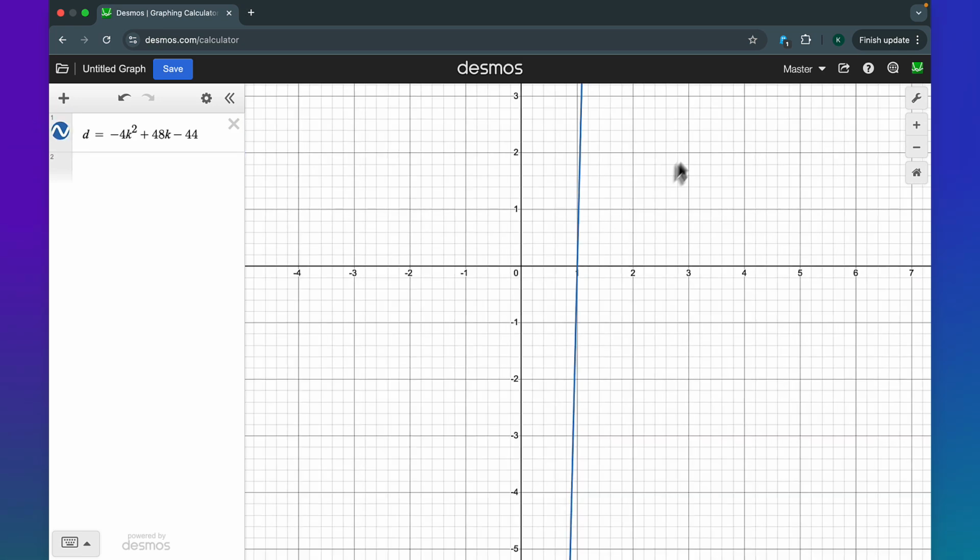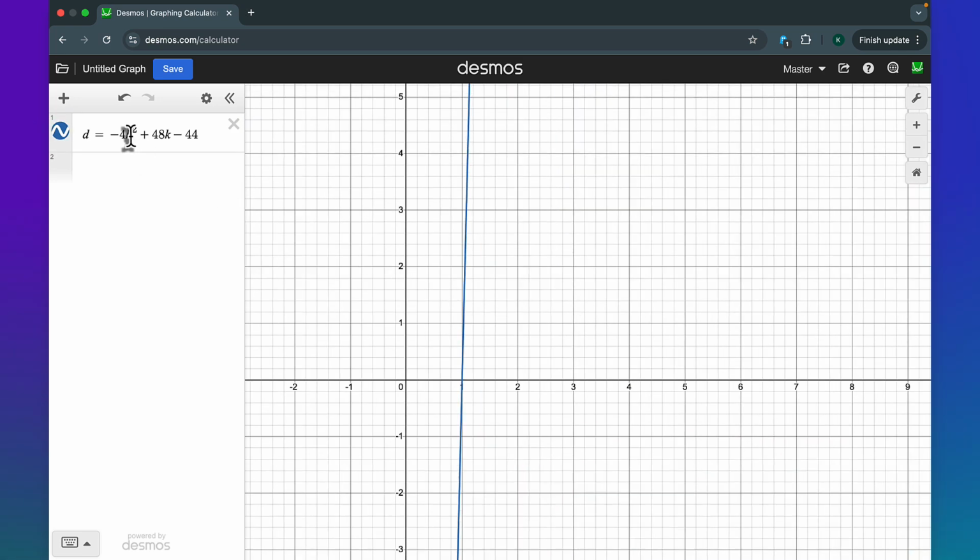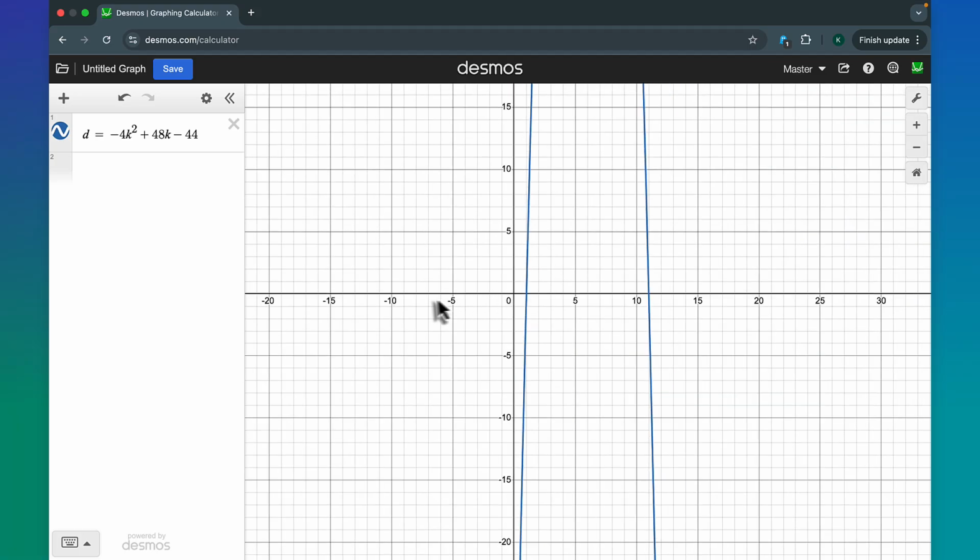So this graph shows us the different values of k that give us different determinants in the output, but it doesn't really matter what the actual numbers are. Remember, all we care about is when your determinant is 0, which is along this line, when your determinant is positive, which is above the x-axis, and when your determinant is negative, which is below the x-axis.